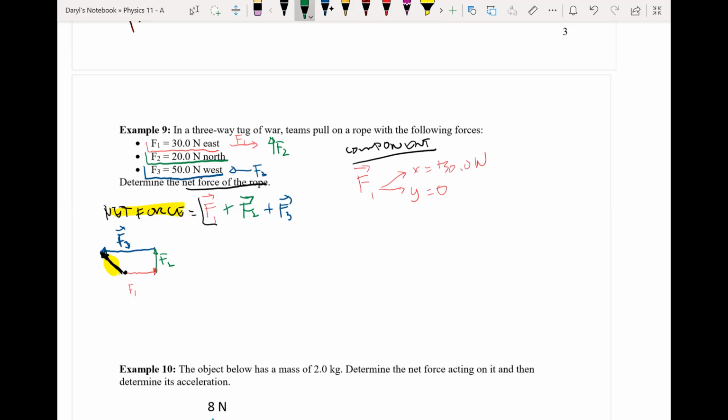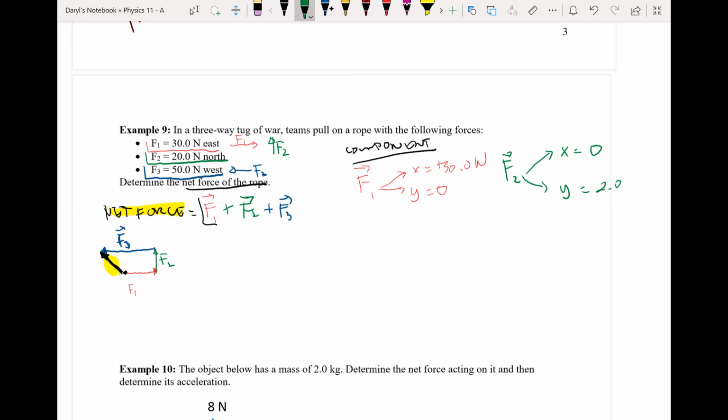And then F2. F2, again, we try to break down to its x and y component. It's north. So therefore, if you can also see in my diagram, it's pointing upward. So x is 0 there.